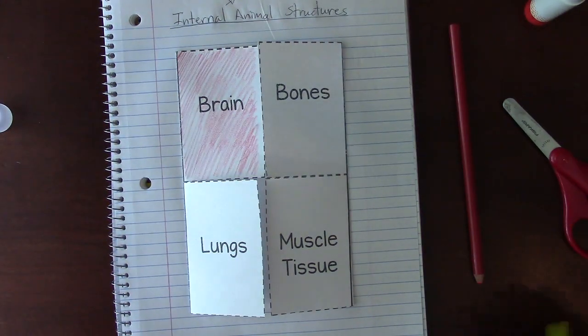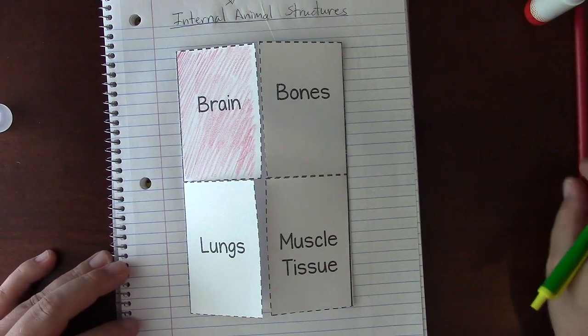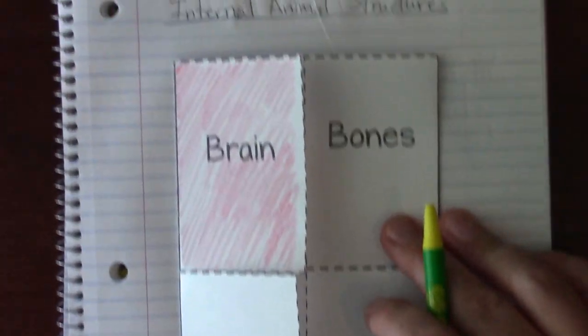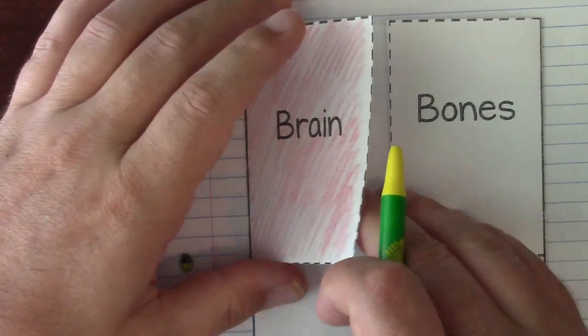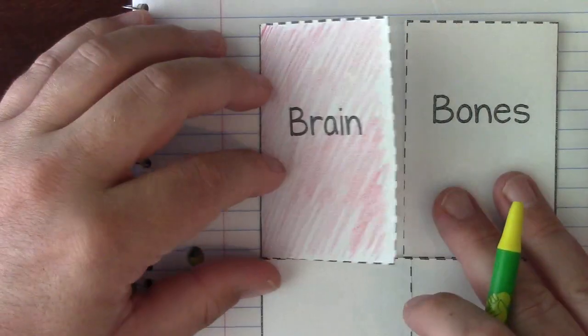All right, so brain. Brains, of course, are inside of our skulls. They're in our heads. Okay, and that's true for most other animals as well, with some rare exceptions, but the brain serves a similar function in all animals.